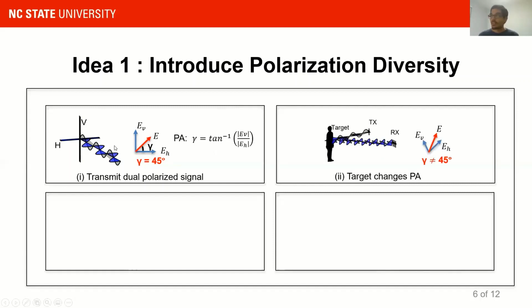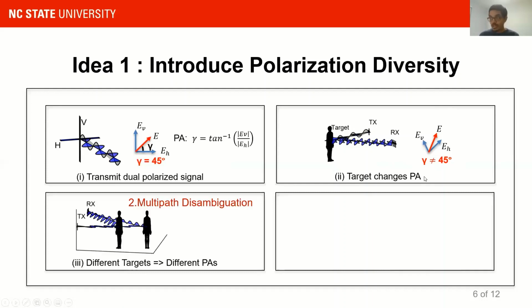The reason is that when a dual polarized signal arrives at a target, the human body has different vertical and horizontal cross sections, and so it changes the plane of vibrations of the signal, and thus the polarization angle, or the PA, is changed. Consequently, different targets generally have different cross sections, and so even if two targets are quite closely placed, they will have slightly different PAs, and therefore that will help us to disambiguate or separate out their multipaths more carefully, and this solves the second challenge.